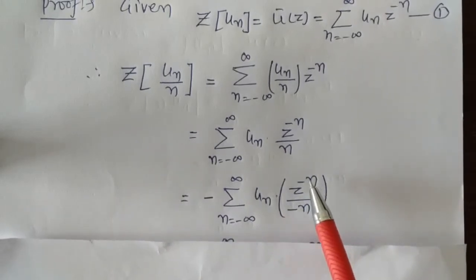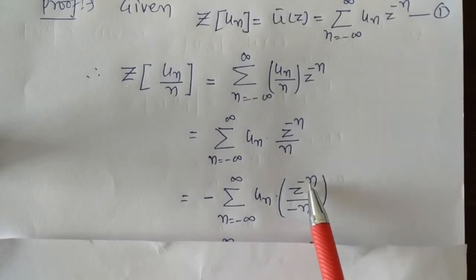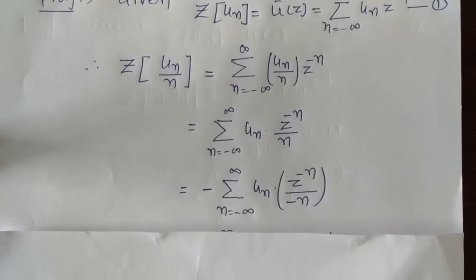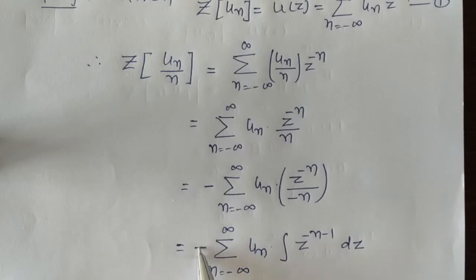Now this expression, z power minus n upon minus n, this is what? This is the integral of z power minus n minus 1 with respect to z. So we write this expression as the summation n goes from minus infinity to plus infinity of u(n) as it is, and z power minus n upon minus n is the integral of z power minus n minus 1 with respect to z.